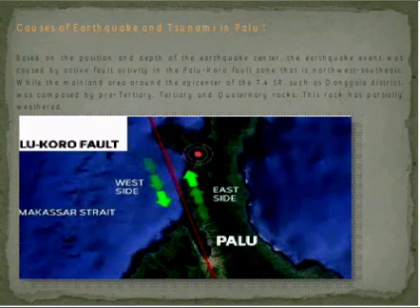The earthquake was caused by active fault activity in the Palu-Koro fault zone, which runs northwest-southwest, while the mainland area around the epicenter of the 7.4 Richter scale earthquake, such as Donggala district, is composed of tertiary and quaternary rocks. This rock has partially weathered.